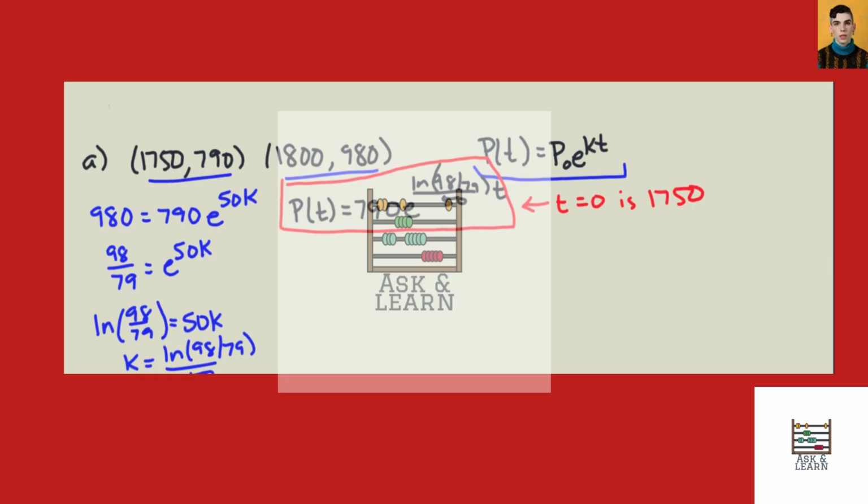Okay, so for our prediction for the year 1900, we're going to use t equals 150, substitute that in to our population model, and we get approximately 1,508. Now that's 1,508 million people. The actual value, reading off the table, was 1650 million people.